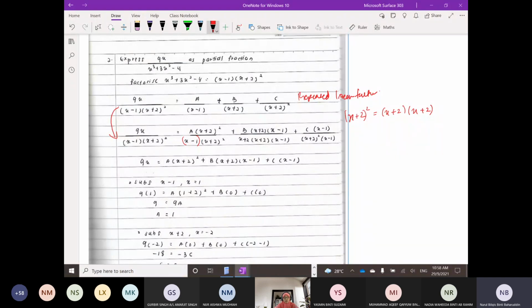Don't forget that one. When denominator we times by another factor, numerator also we need to times with the factor. Then for B, again, x plus 2, put it in bracket. So what are the missing factors for B? Nadia?